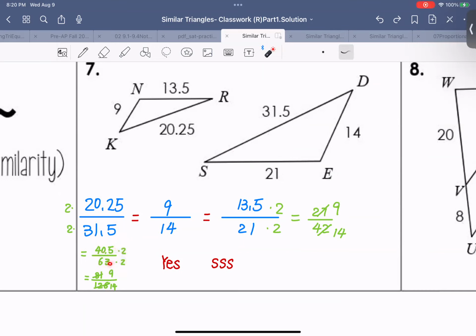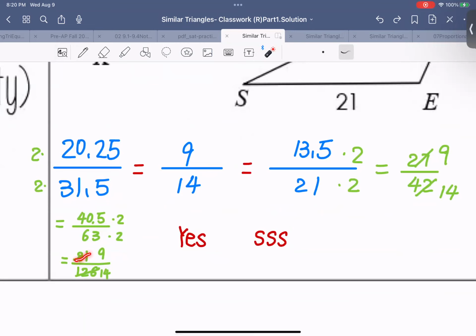When I double this, it is 126. Now you have 81 over 126. That's divisible by 9, since 1 plus 2 plus 6 is divisible by 9. After you divide by 9, this is 14. Do you see a beautiful 9/14 for each term?